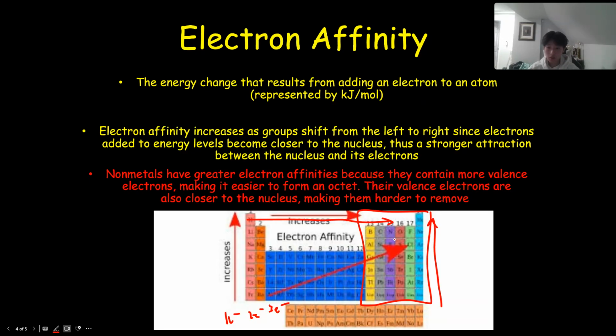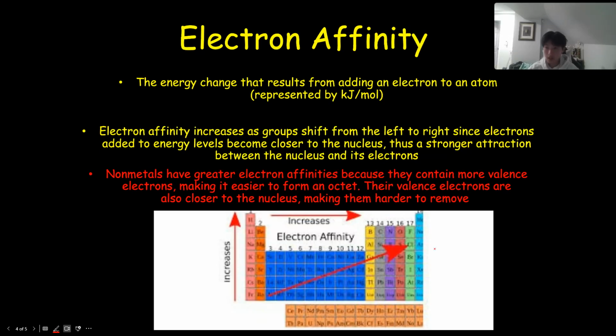Because they have more valence electrons compared to the metal elements here, it's going to be easier for them to want to accept an electron in order to try completing that octet, which is why the electron affinities of nonmetals are greater than the electron affinity of just metallic elements.